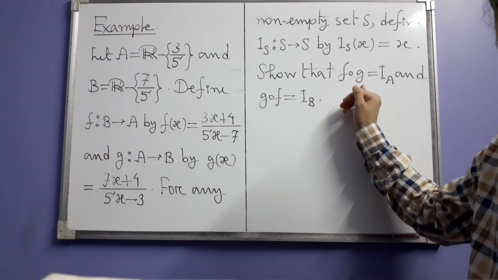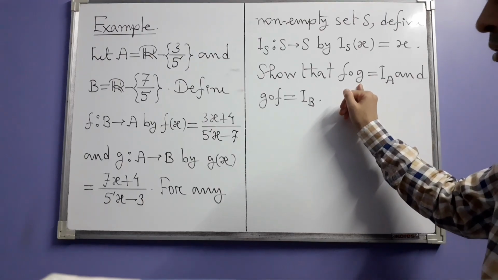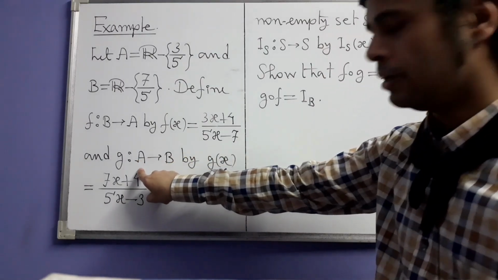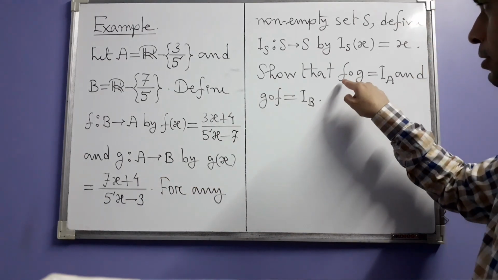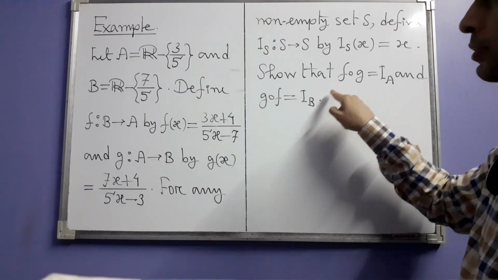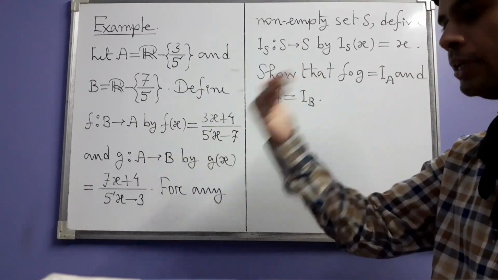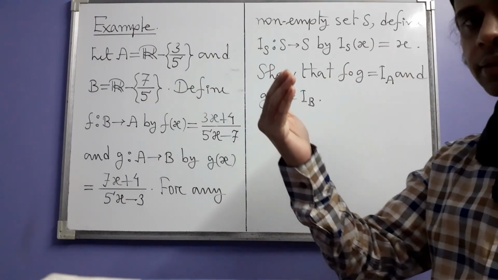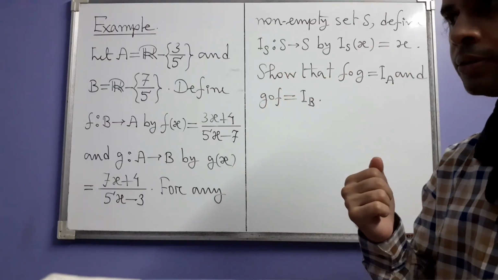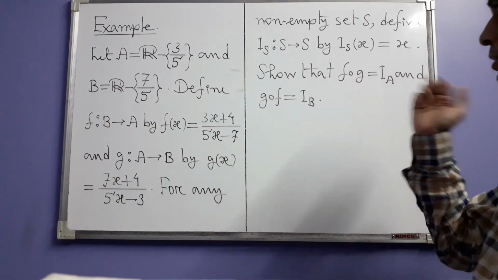By the definition of composition, that is equal to the domain of g, and domain of g is A. And what is the codomain of f composition g? That should be the codomain of f. That is also A. So that means this is a function from A into A. I_A is also by definition a function from A into A. So it makes sense that we ask whether they are equal.